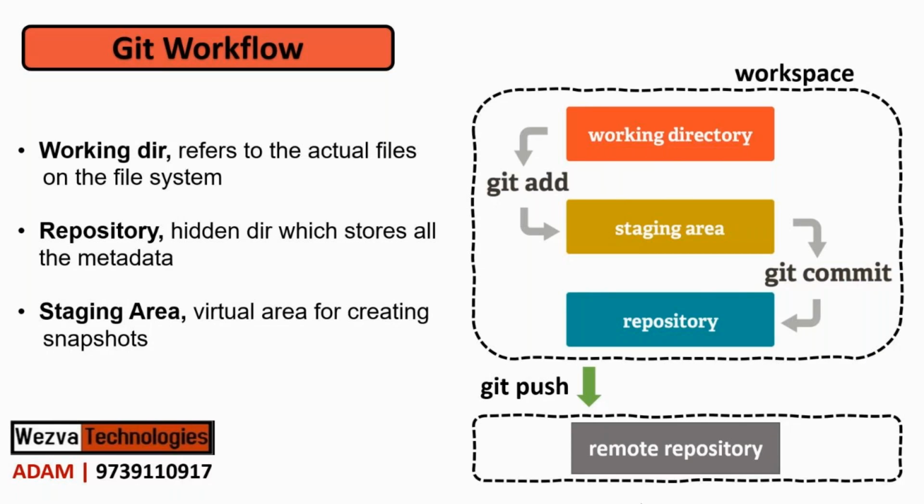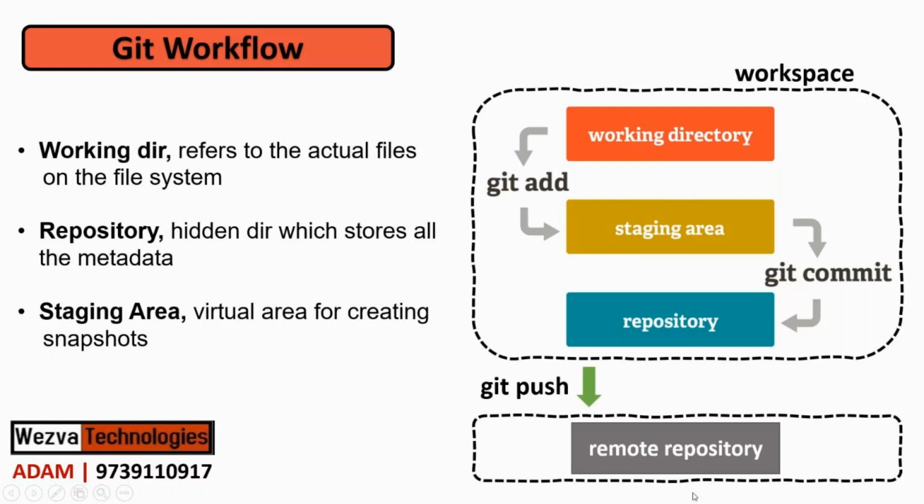Now your workspace has only the metadata which was obtained when you did the clone, plus the new commits you did in your workspace. However, if someone else has modified and pushed, where is that? It is on the remote repository.